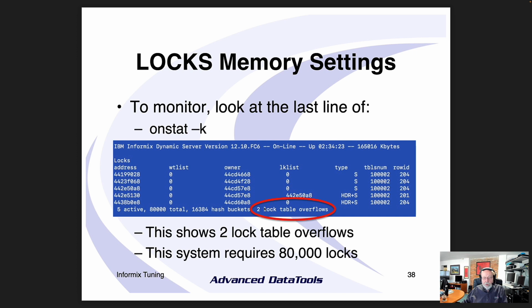And what I would do is make my locks 80,000. Make the parameter in the onconfig 80,000 to handle the 2 lock overflows. Because this is telling you that you really need 80,000 in the lock table. I believe this was a server set up with a default of 20,000.